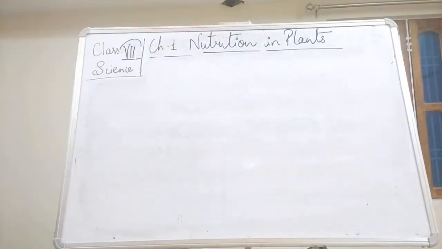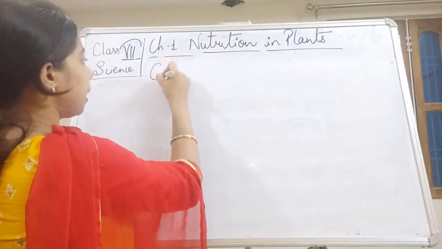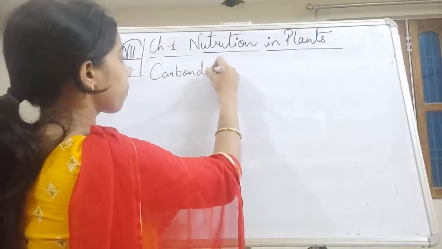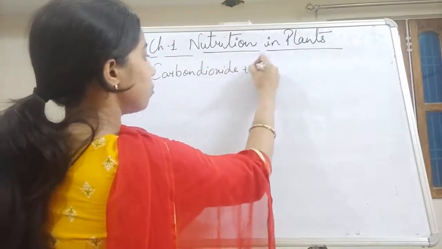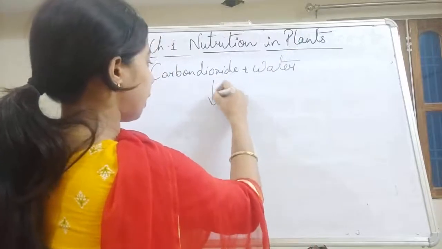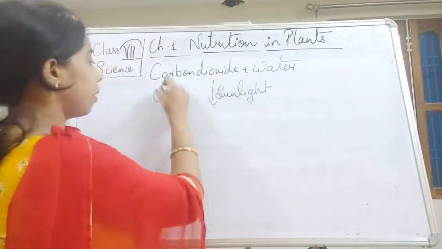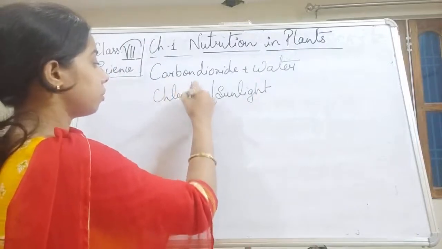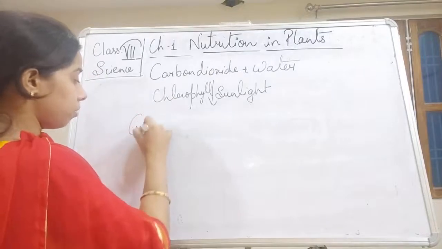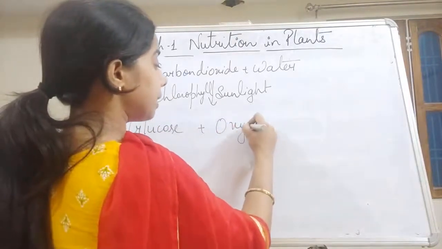So we can write here photosynthesis: carbon dioxide plus water in the presence of sunlight and chlorophyll gives formation of glucose, and oxygen is released in the air.